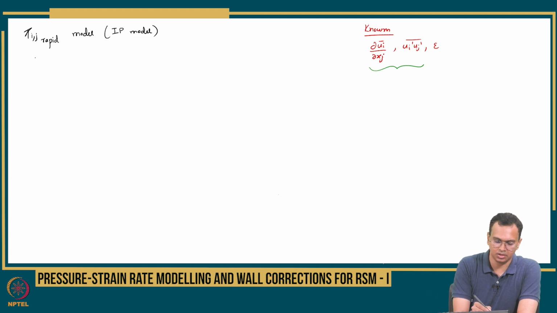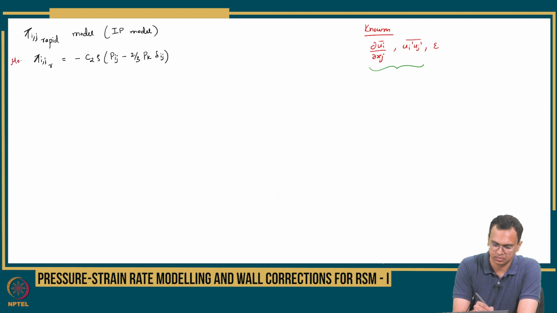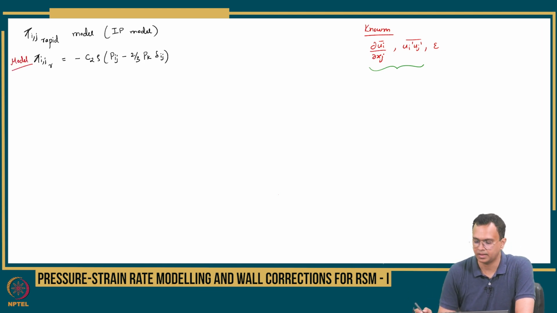If you just recall, the IP model was pi ij rapid equals minus C2 rho, Pij minus 2/3 Pk delta ij. Now the slow term has to be modeled, right?